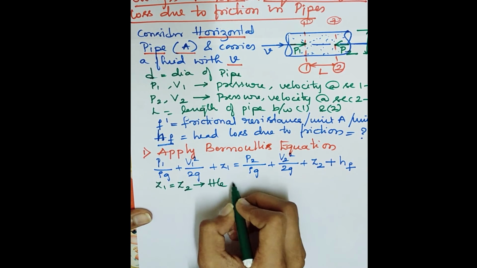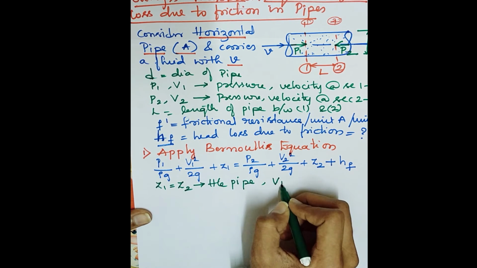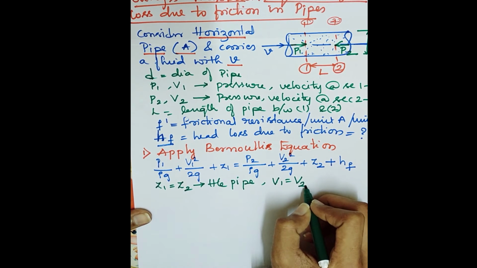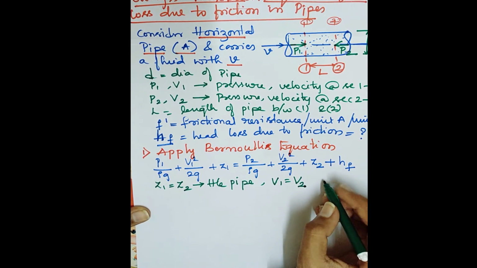Also V1 is equal to V2, because the velocity remains the same throughout the flow.